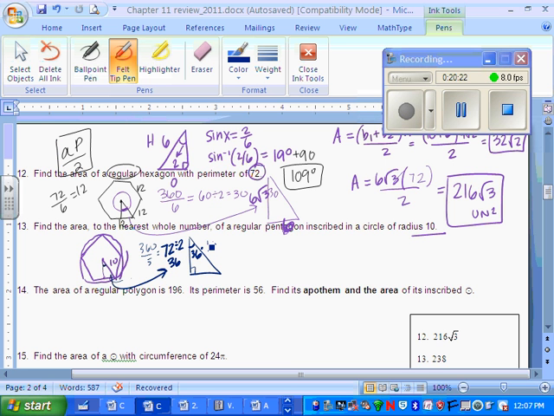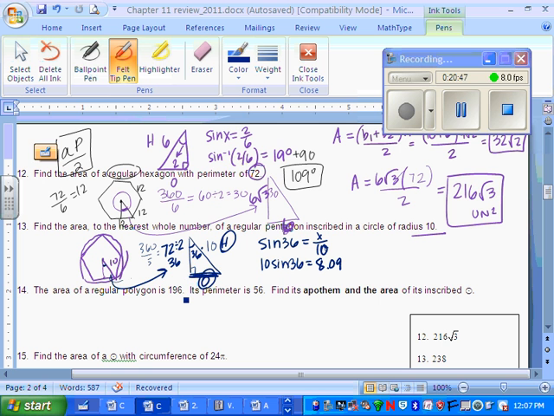This means I have to use my trig identities to get the sides. First one, I'm going to do O and H, opposite and hypotenuse, which is sine. Sine of 36 equals x over 10. I multiply by 10. So 10 times sine of 36 is 8.09.